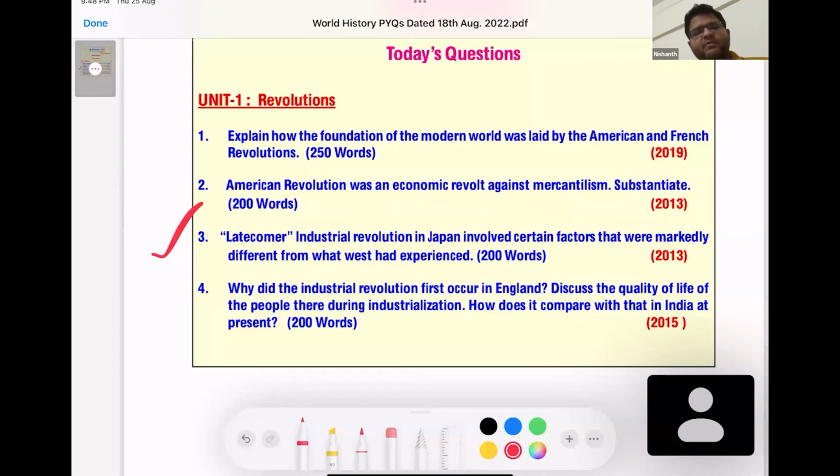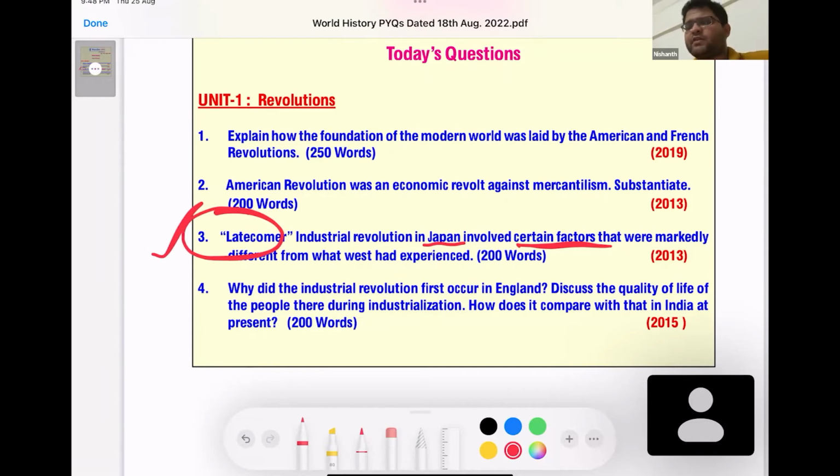You can mention them, and then in the last, compare the industrial revolution in Japan with that of the industrial revolution in the West, and try to contrast what the differences in the approach are. So we all know that Japan was a latecomer because it started the industrial revolution only in the 1850s.